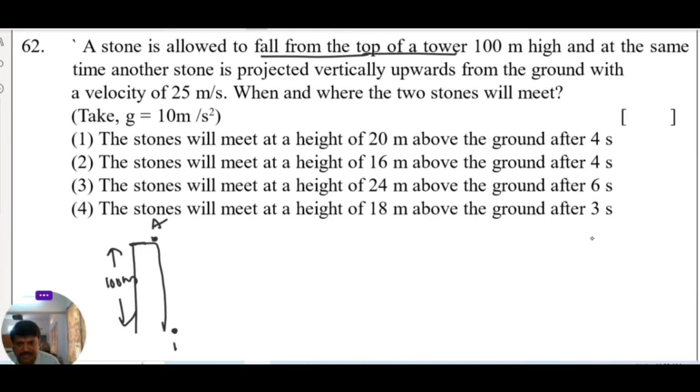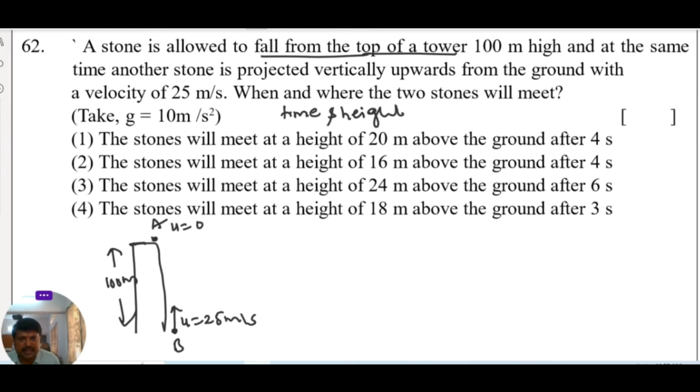Suppose that is stone B, projected vertically upwards with a velocity of 25 meter per second. Since A is allowed to fall, stone A's initial velocity is 0. So when and where will the two stones meet? We have to calculate time and height.